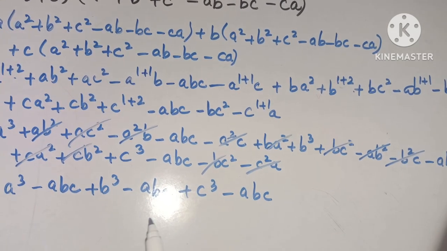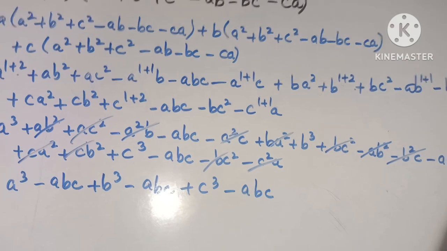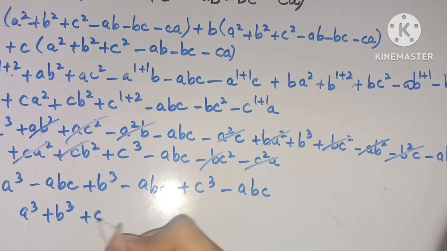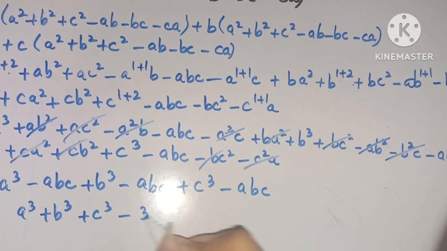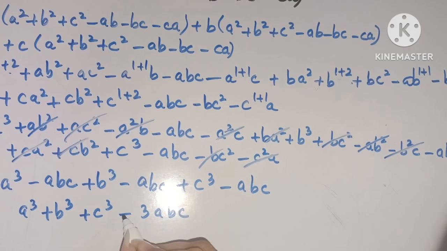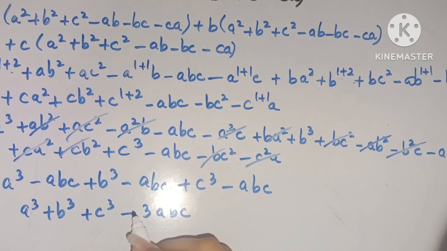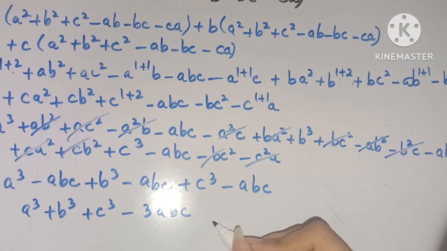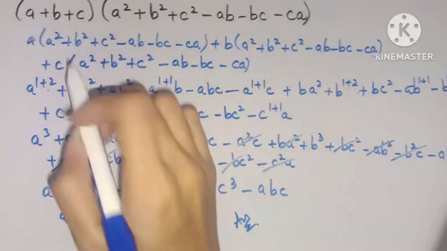So it will come minus 3abc. So we can just write a cube plus b cube plus c cube minus 3abc. The minus sign will come because we are adding these terms which all have a minus sign. So this is our answer of this question.